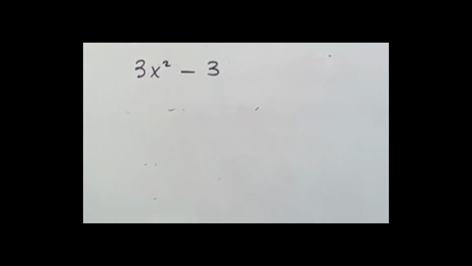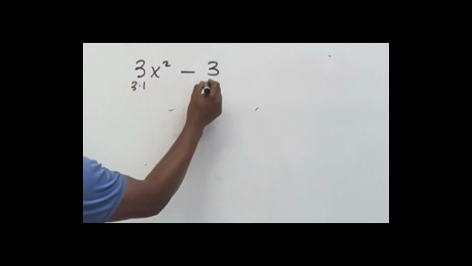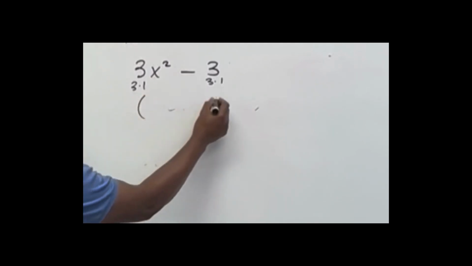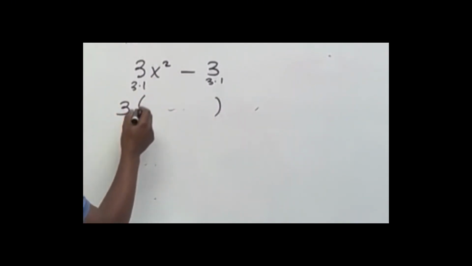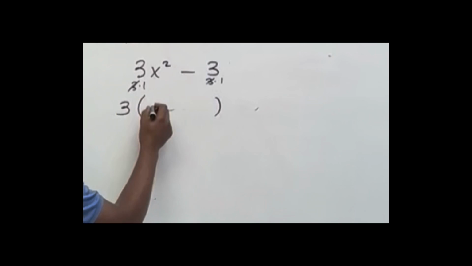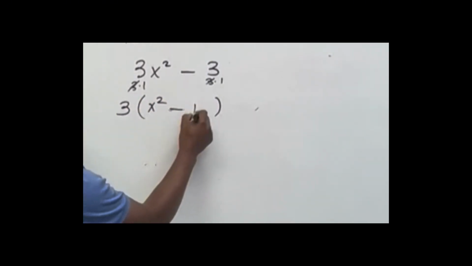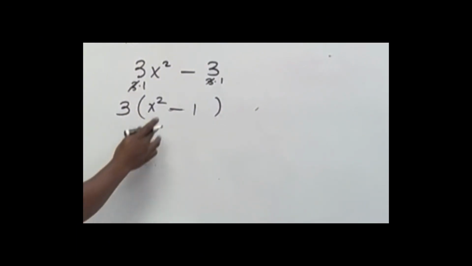Look at this. What can we factor here? 3, because this is 3 times 1, 3 times 1. So pay attention with this one. I can factor out 3. What are we left with? X squared minus 1. Are we good?